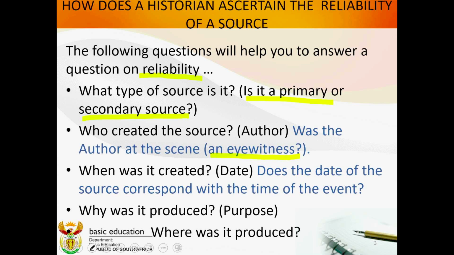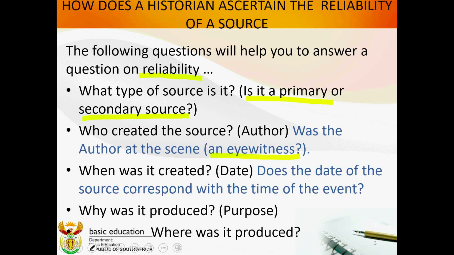A learner will say, this source is reliable because it is a primary source. It provides first-hand information. It is from an eyewitness. It was taken during the TRC years. So that's what we mean that the source is a primary source.